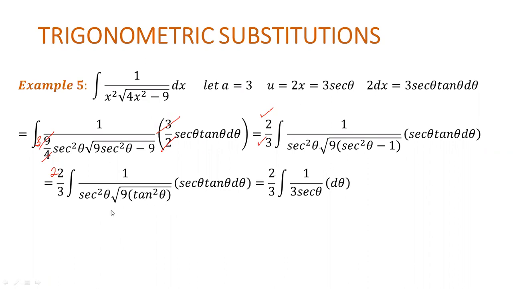Now it's still with 9. Since it's under the radical sign, you will get the square root. Rather, this is 3 tangent theta, not secant theta, because this one is squared. So secant squared theta minus 1 is tangent squared theta.